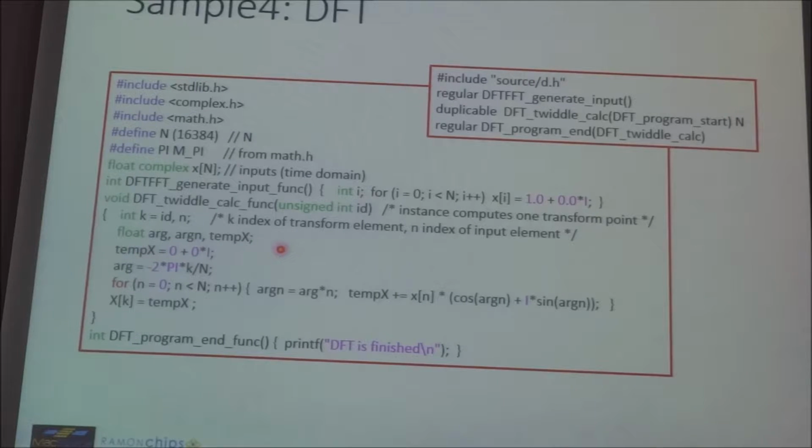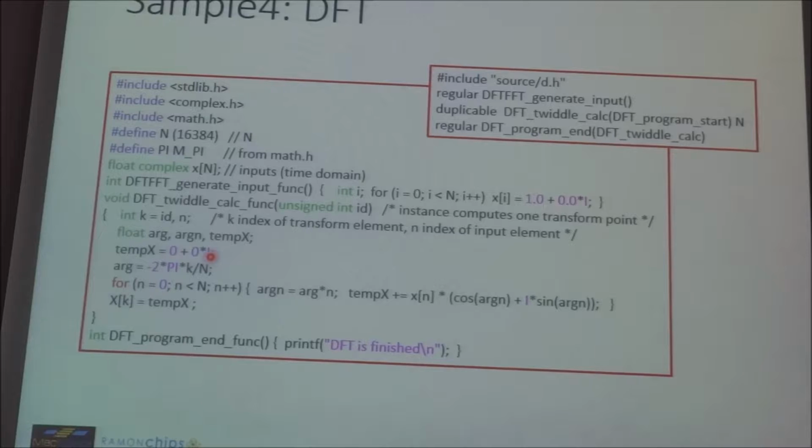Floats are, there are some floats, temporary value and so on, and we start the temporary sum as 0, but we have to say 0 plus 0 times I. Capital I, just like used here, is defined in complex.h as the I number, imaginary square root of 1.